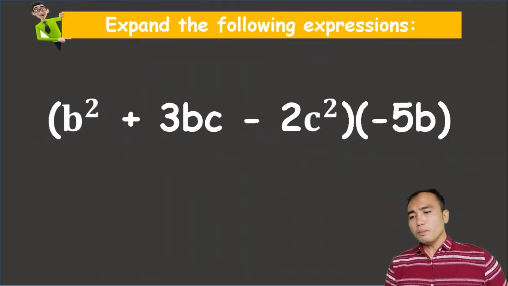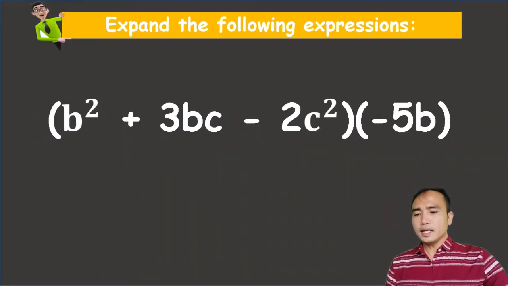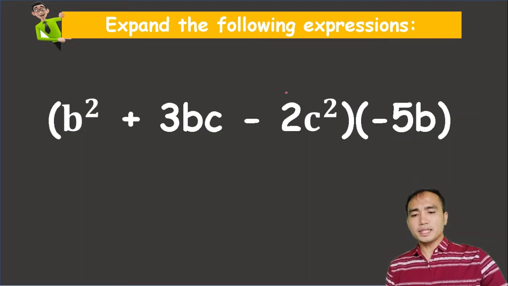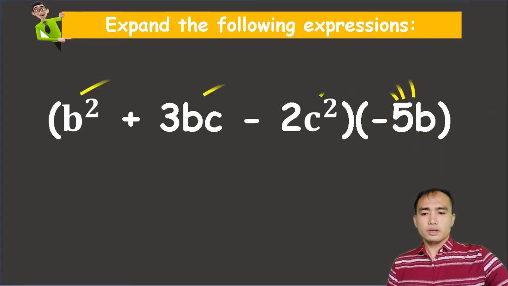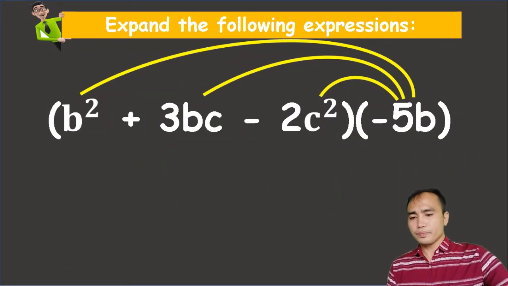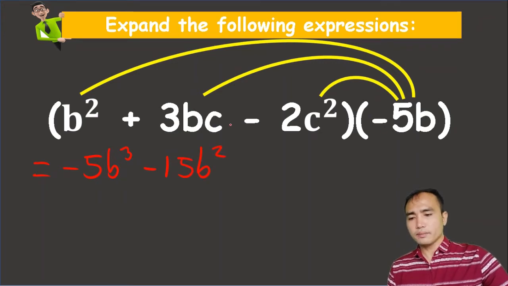Next, the group b squared plus 3bc minus 2c squared times negative 5b. So that is multiplying a monomial by a trinomial. Okay, again, use the property of distribution. Negative 5b times b squared is equal to negative 5b cubed. Negative 5b times 3bc is equal to negative 15b squared c.